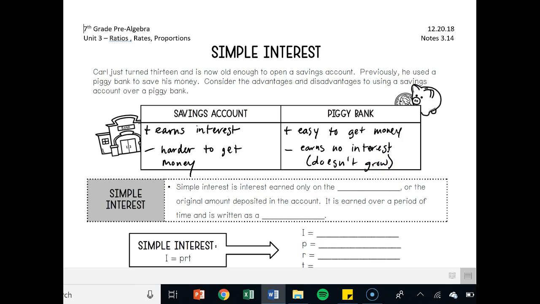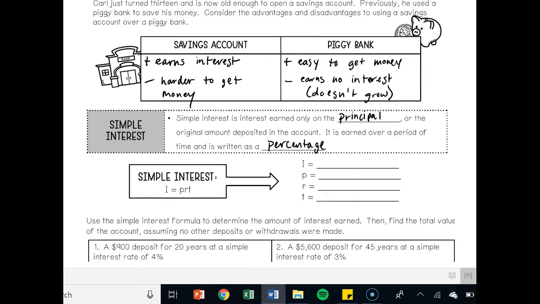So this idea of interest, simple interest, is earned only on the principal or the original amount of money that you give the bank, and it is earned over a period of time that is written as a percentage. So we have an interest equation here.